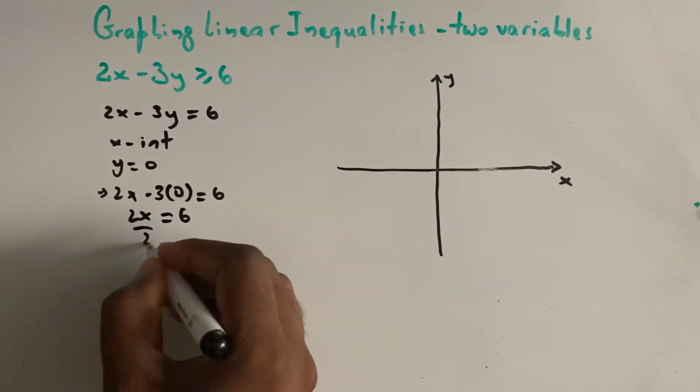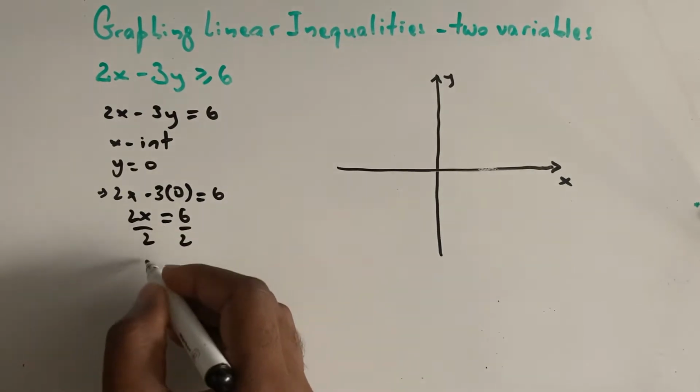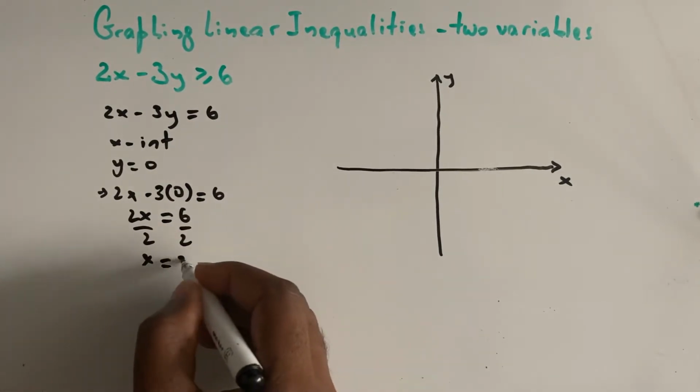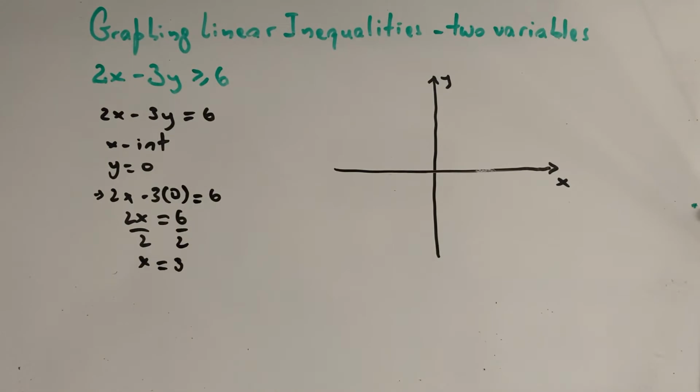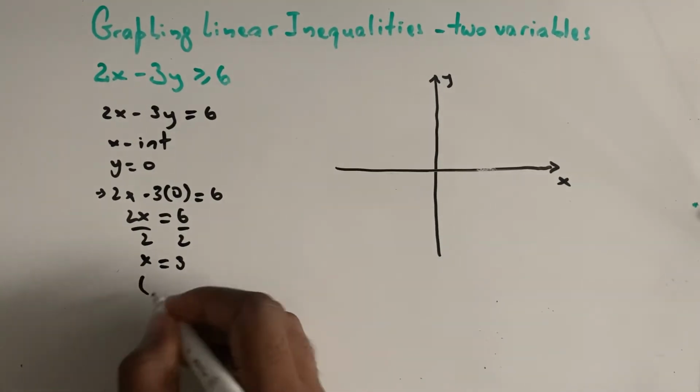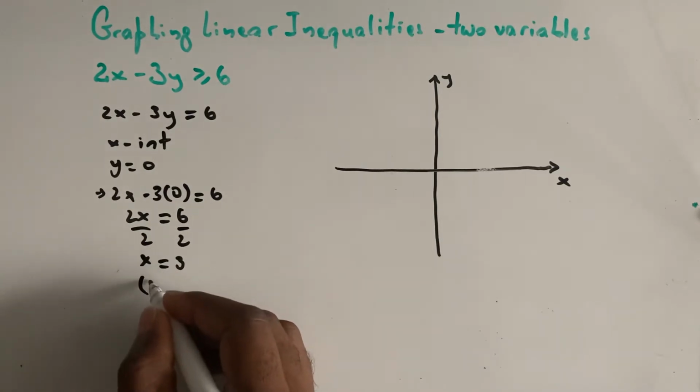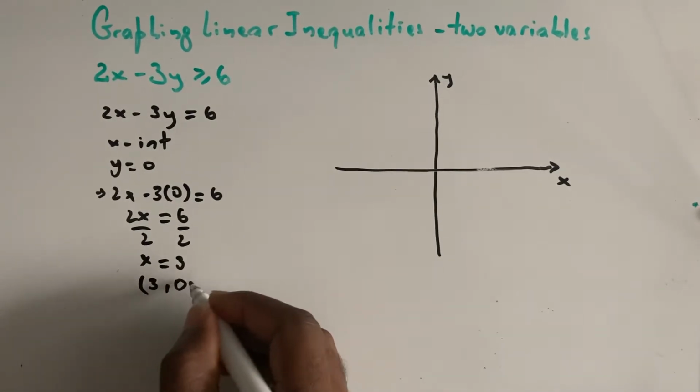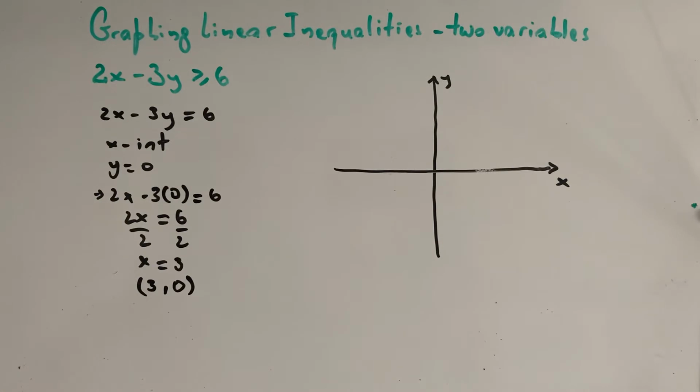Then when you divide both sides by 2, you get x equals 3. The ordered pair is the x value, which is 3, and the y value, which is 0. So this is the first ordered pair.